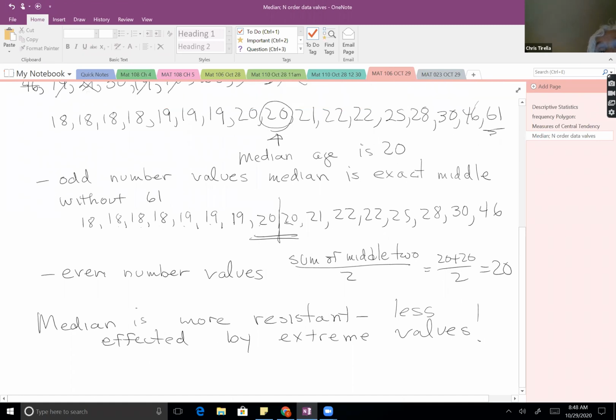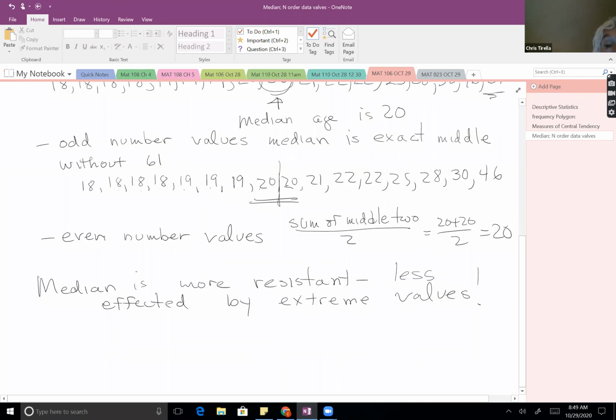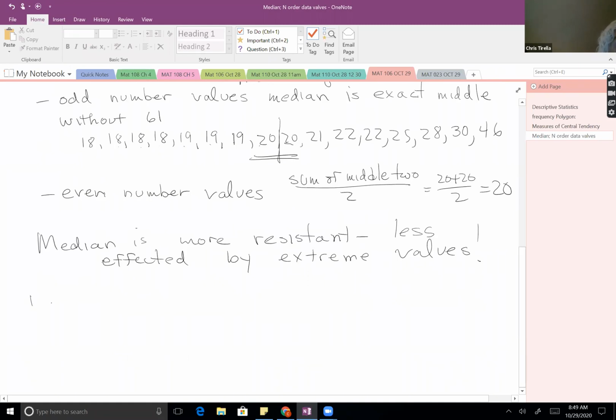If I'm looking at the median from a list like this, it's not too hard to count in from the ends to find the middle. But if I want to try to find the median for a large data set, we sometimes talk about the position of the median.